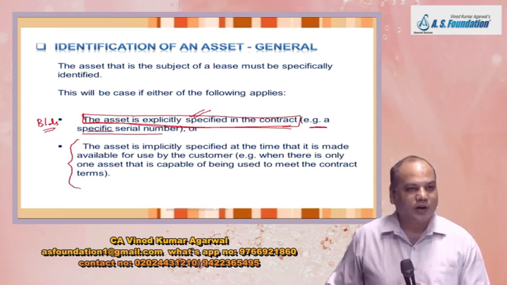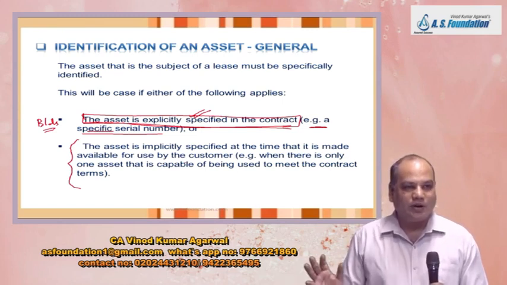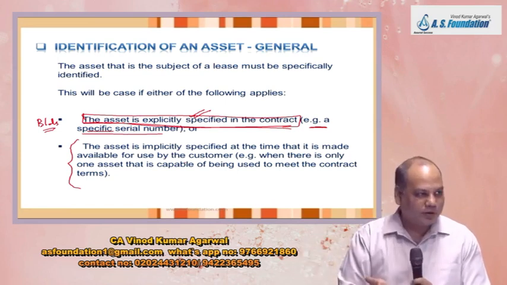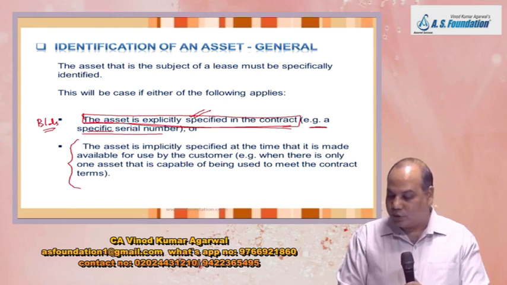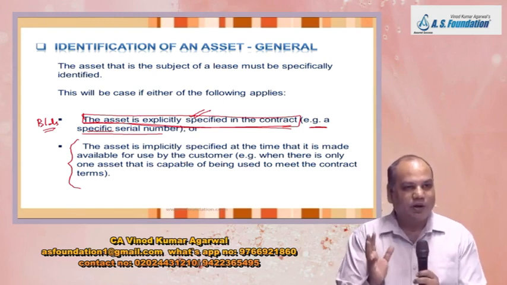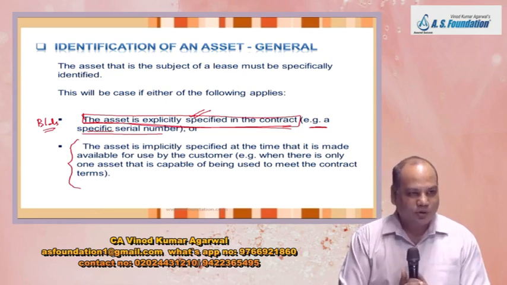Supplier has only one factory. And the supplier has committed to allow you to use that factory for manufacturing purpose. So even though it may not be explicitly identified, he says we will provide you a facility to manufacture your products.